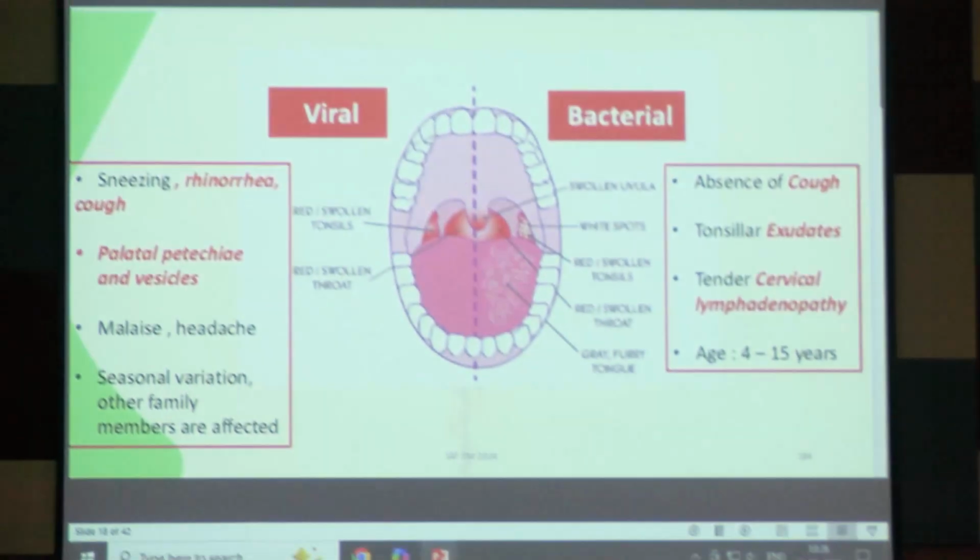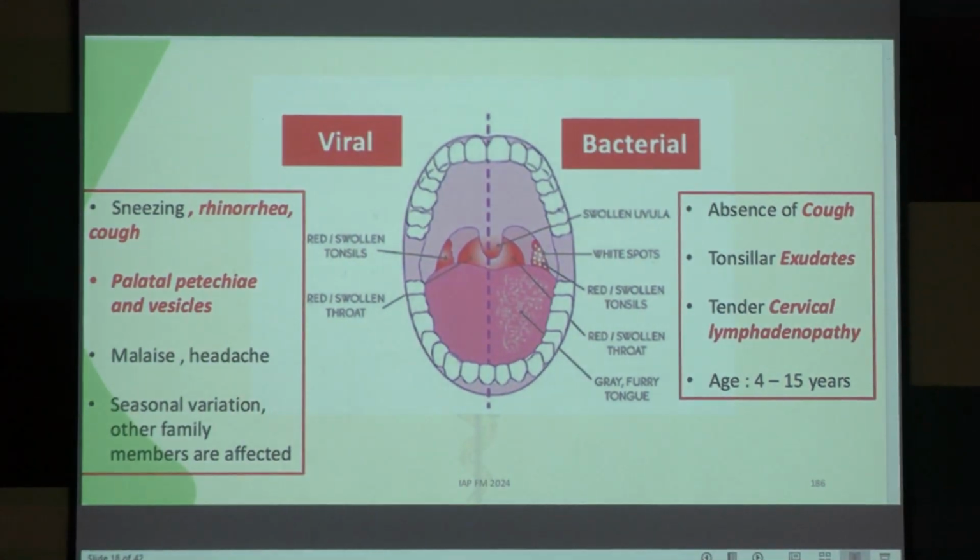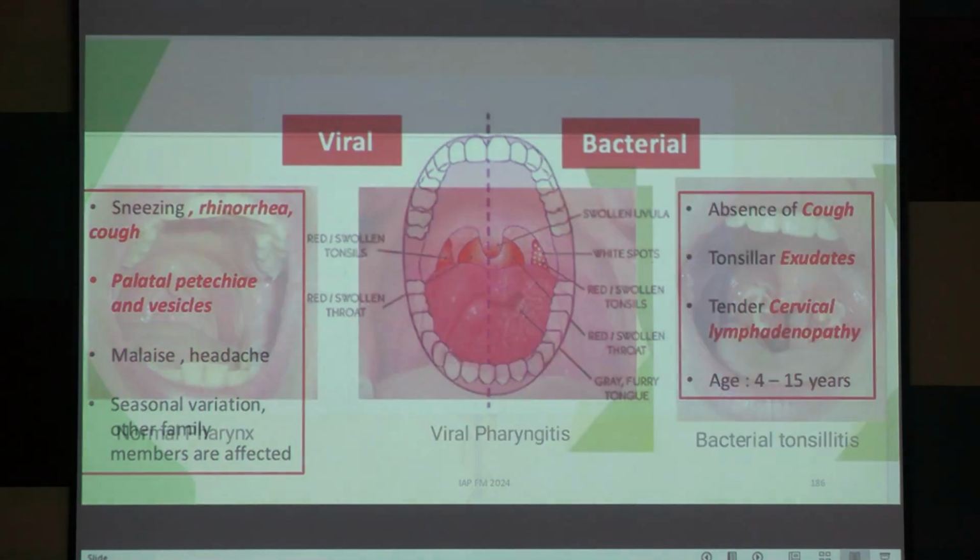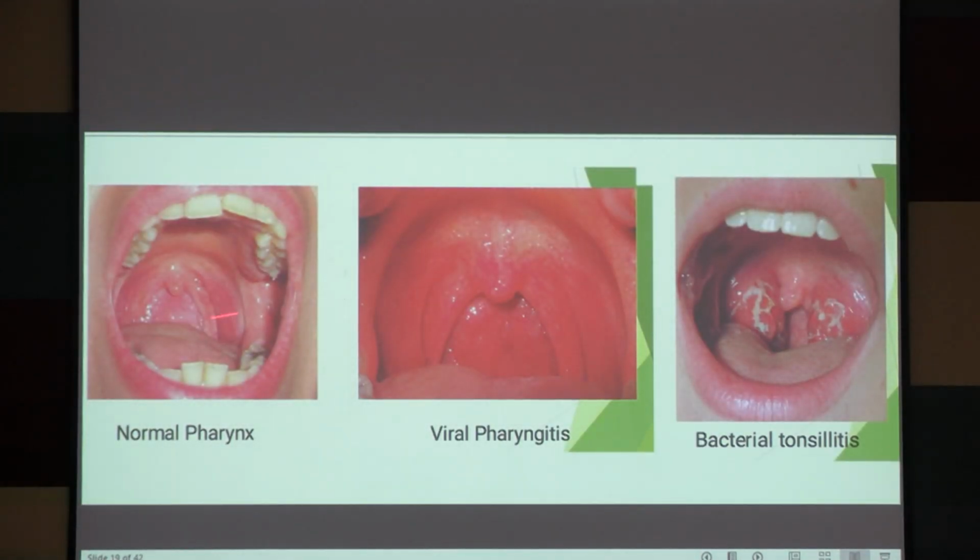In bacterial, there will be tonsillar exudates. It is very important. And cervical lymphadenopathy will be there and that will be tender. And most common age is 4 to 15 years. Okay. So, this is a normal pharynx.